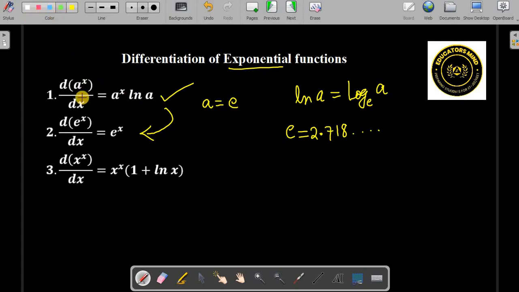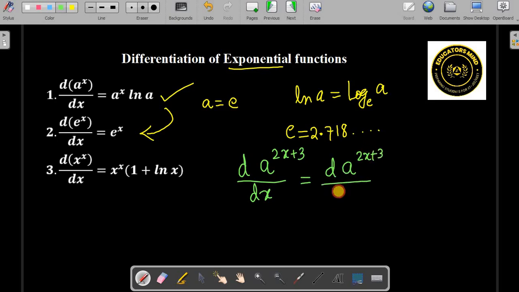Similarly, if there is a modification in this, for example, differentiation with respect to x of, let's say, a to the power 2x plus 3, you can apply the same rule: a to the power (2x plus 3) with respect to (2x plus 3), and differentiation of 2x plus 3 with respect to x.